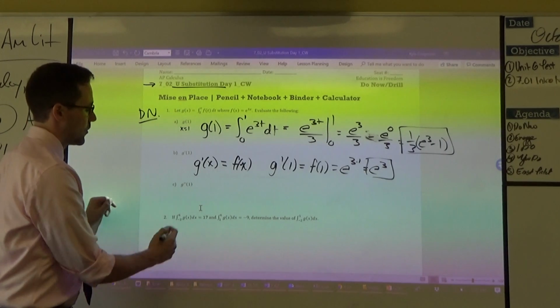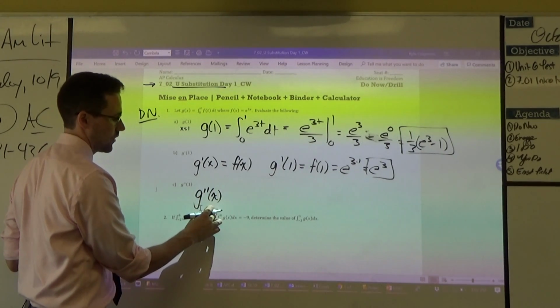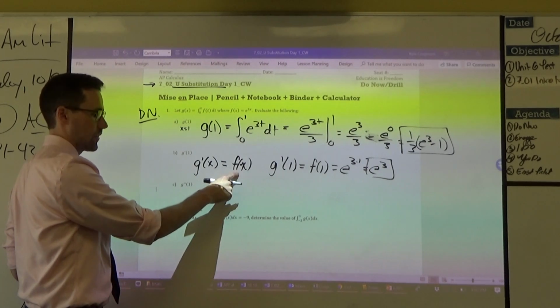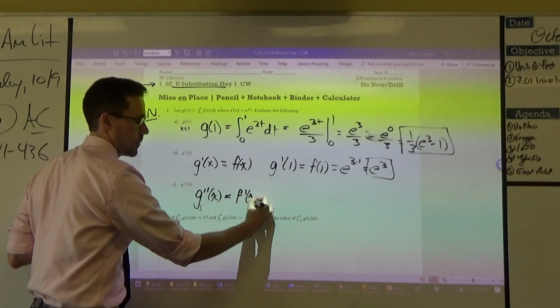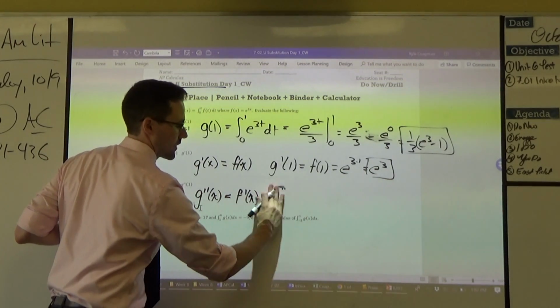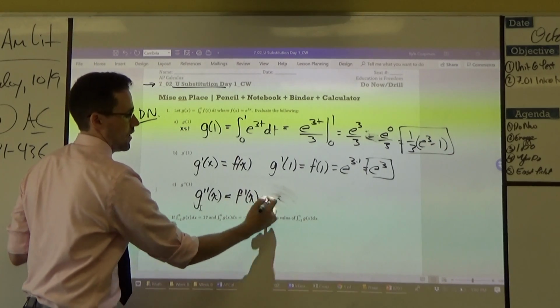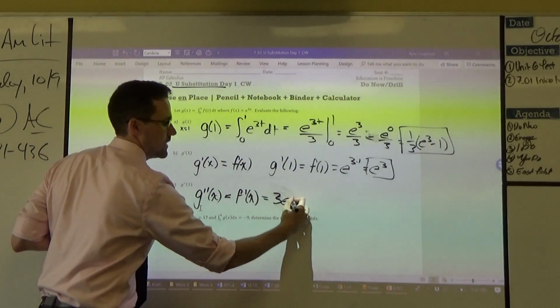Then let's go to C, looking for the second derivative, so g double prime of x. Well, I know the first derivative is f of x, so the second derivative would be f prime of x. Let's actually find out what that is first. F prime of x would be 3e to the 3x.